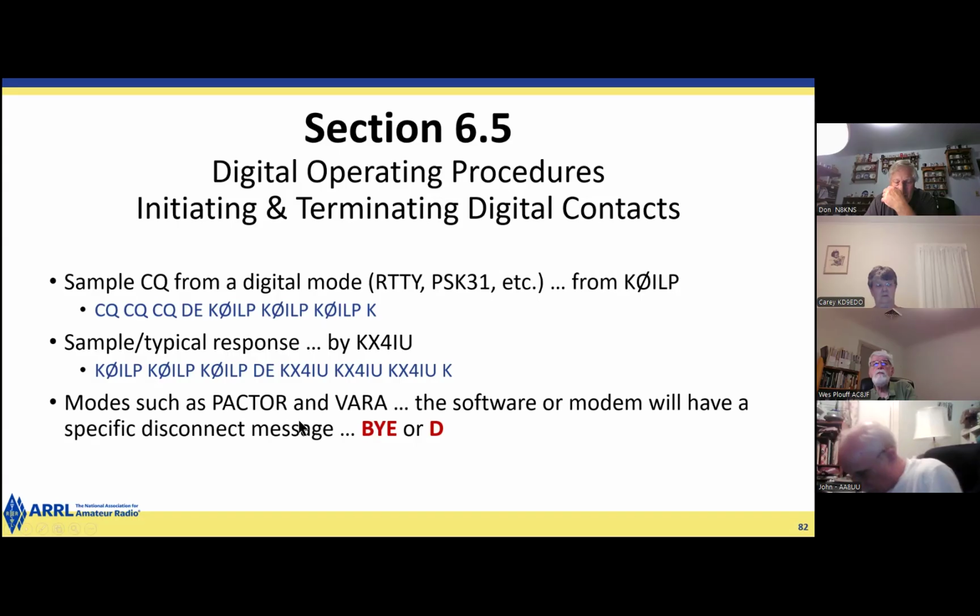And a response would be you call the other guy's call sign and you say, this is my call sign, and end with K. That's because radio teletype and PSK31 are conversational modes. In other words, there's no structure that indicates the beginning or the end of a conversation or connection. Pactor and Vera and packet modes have that structure.